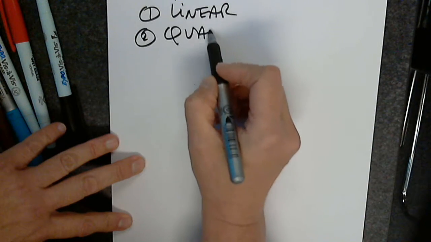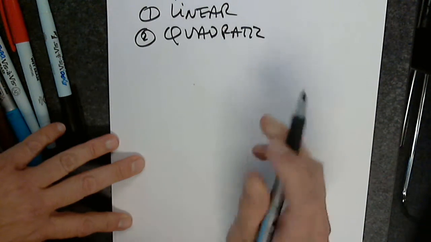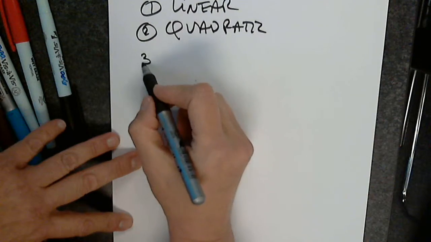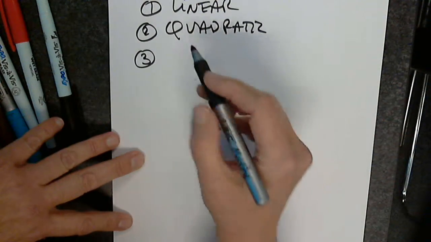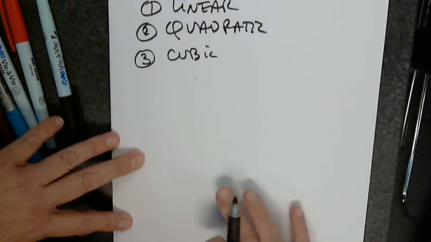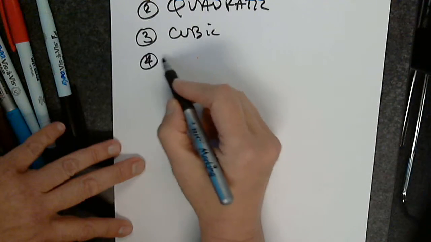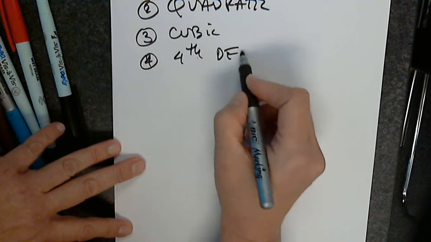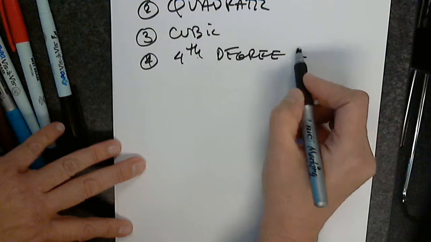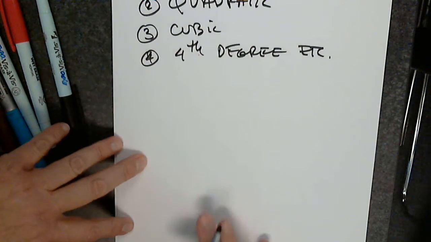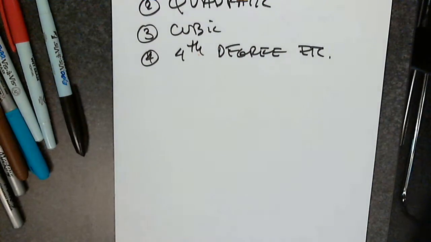Quadratic. Absolutely, perfect answer. 3, cubic. 4, 4th degree, and so on and so forth. 5th degree, and so on and so forth.